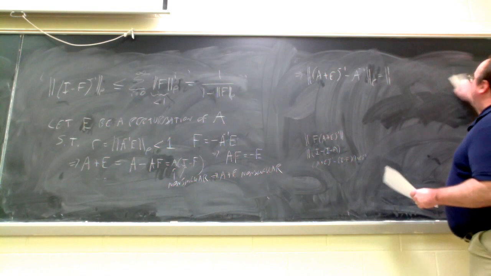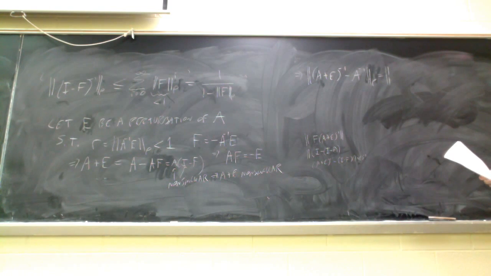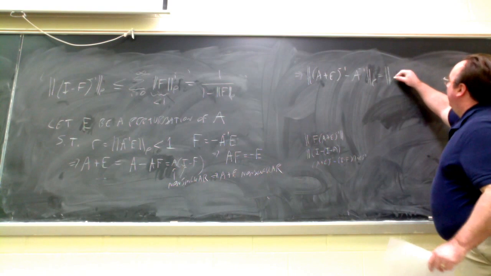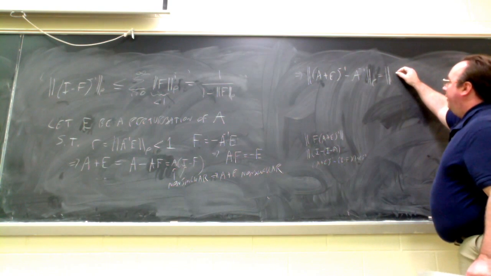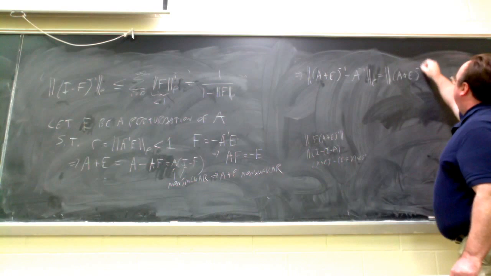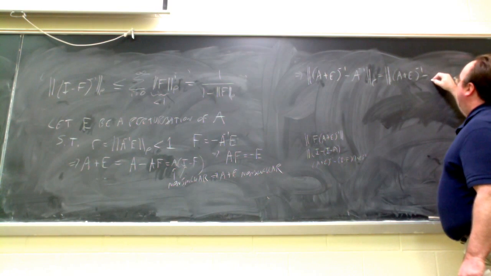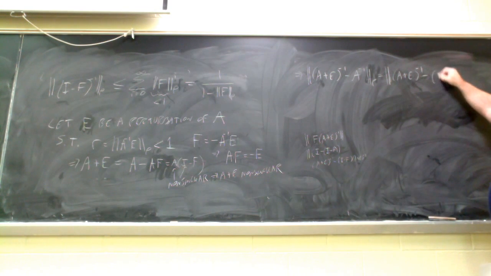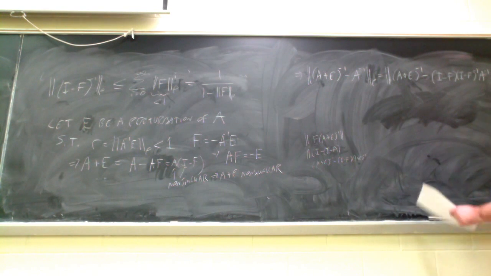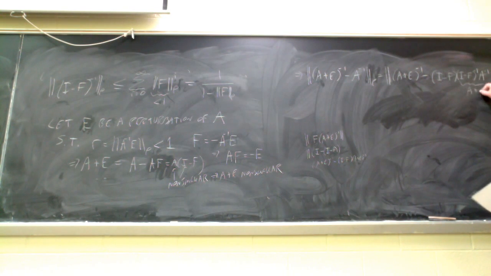So instead of going down that path, what I'm going to do is, I'll write inverse minus, and I'll throw in I minus F inverse, A inverse, and A times, now this is equal to A plus E inverse.